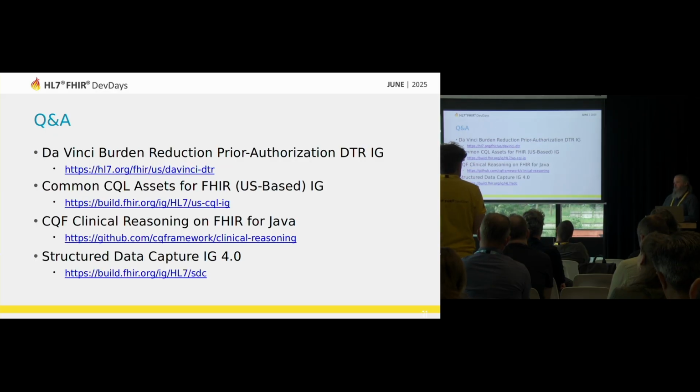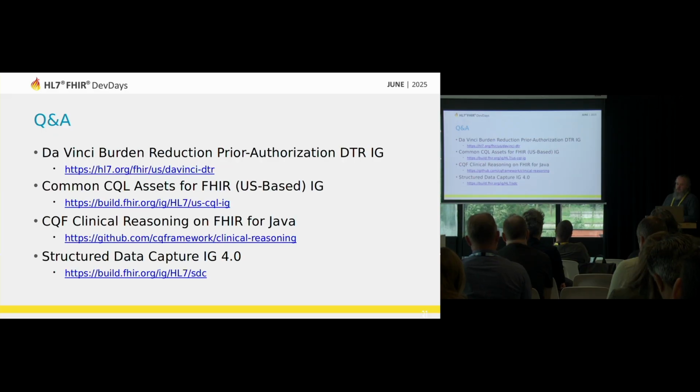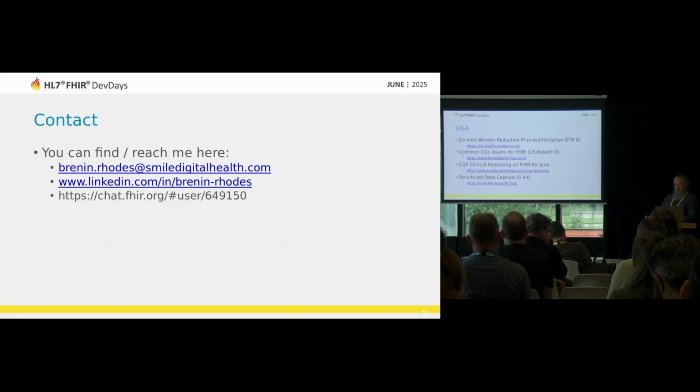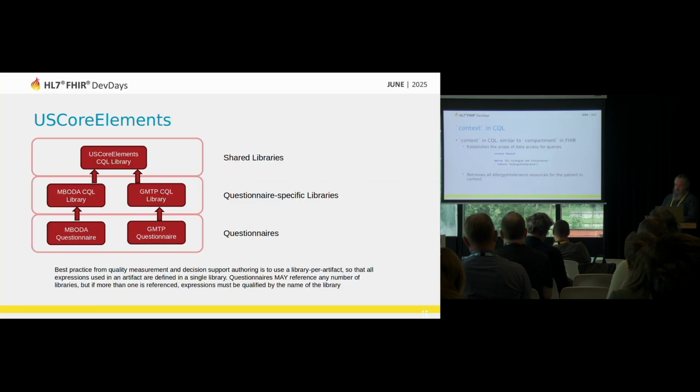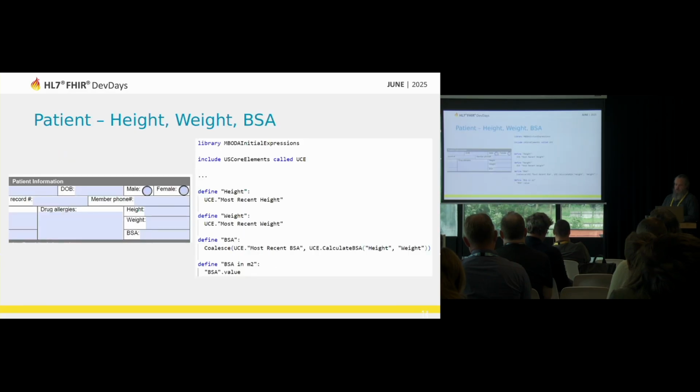I think that what you gain from using CQL, while it may be a little more complicated, is the modularization and reuse of libraries. In addition to being able to do more complicated things like calculations that you can't really do within FHIRPath. Like the example I showed, where you've got this calculation here for body surface area.